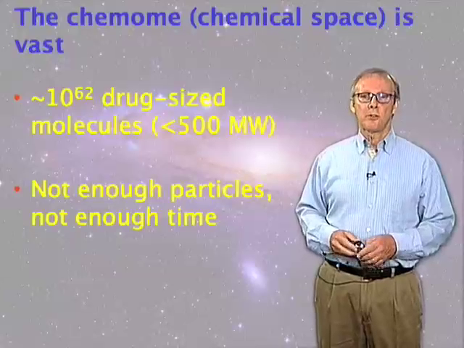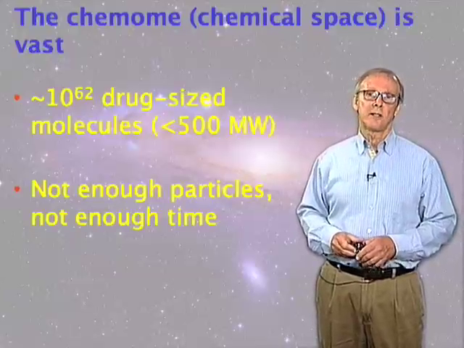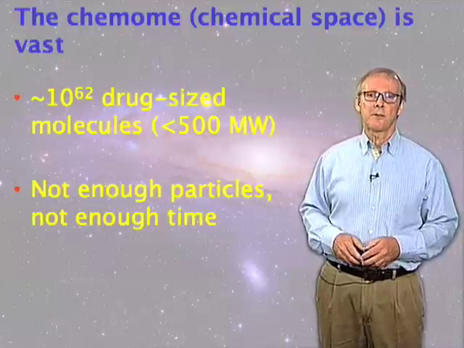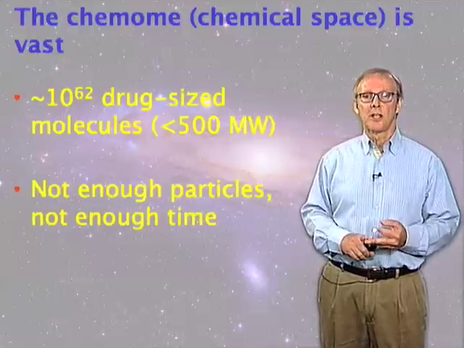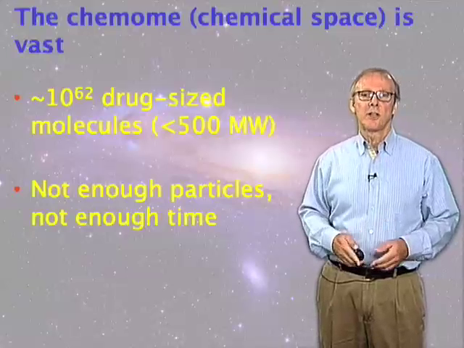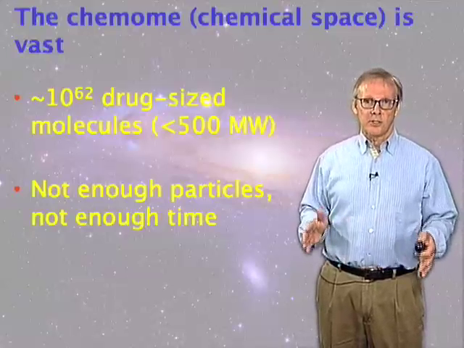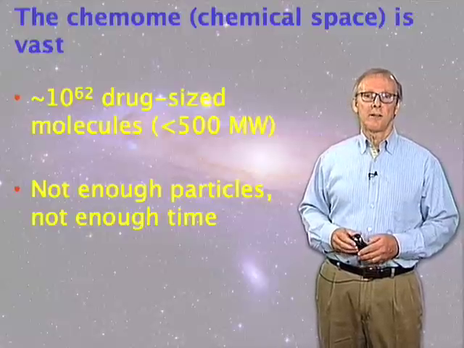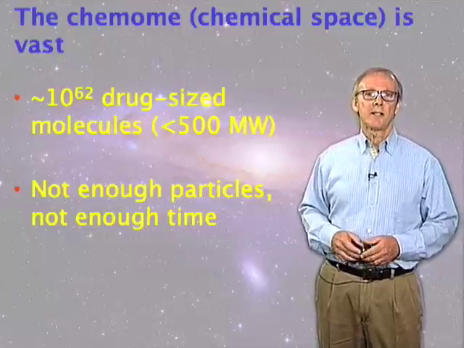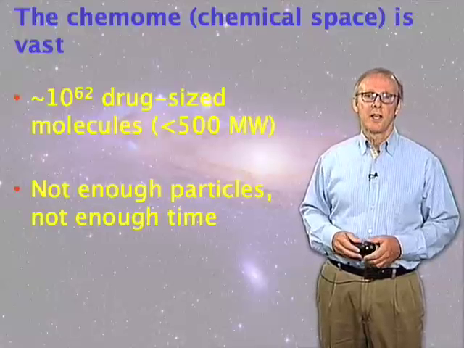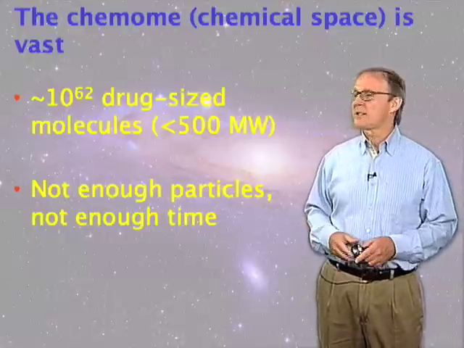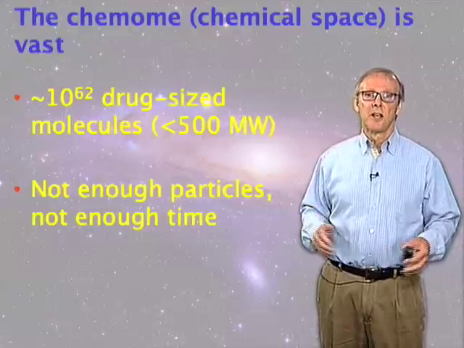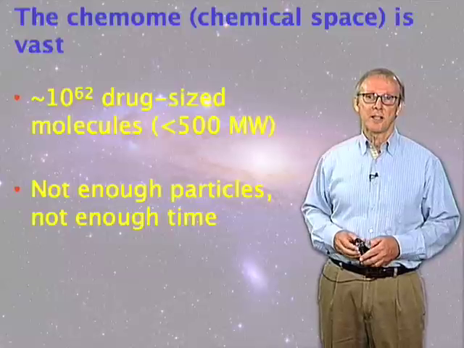If we were to calculate, as has been done, all the compounds that can be made with a molecular weight of 500 from carbon, hydrogen, nitrogen, and oxygen, typical constituents in an organic drug, one could build compounds about 10 to the 62 in diversity. This number, 10 to the 62, is greater than the number of particles in the universe. So we're not going to be able to build all these things.